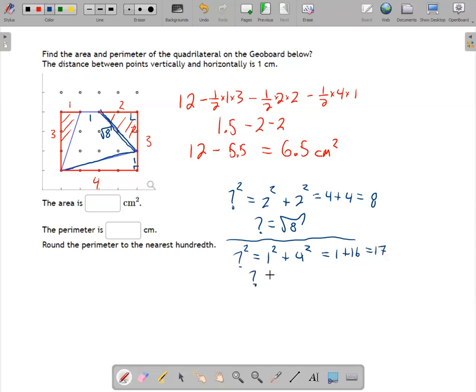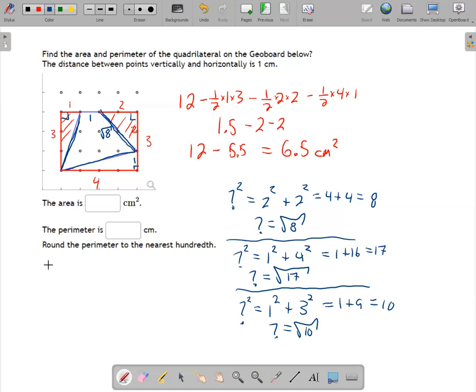So my hypotenuse is going to be the square root of 17. And then for that fourth and last side there, it's part of a 1 by 3 right triangle. So the last hypotenuse squared is equal to 1 squared plus 3 squared. So 1 and 9 is 10. So our diagonal is going to be the square root of 10.